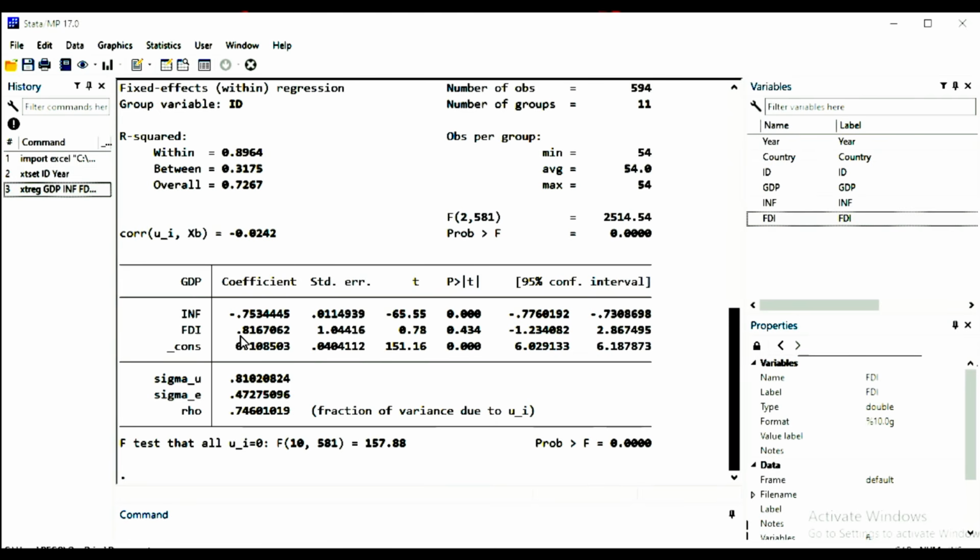So this examines whether country-specific effects exist. Since this probability value is strongly significant, we can reject the null hypothesis that all country effects are zero, concluding that fixed effects estimation is suitable in our context.